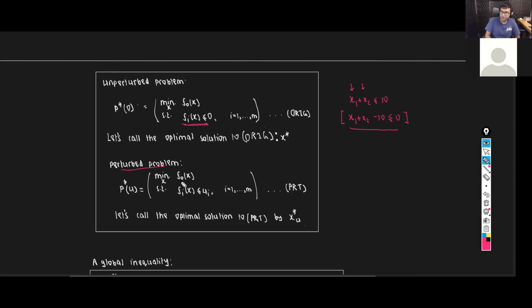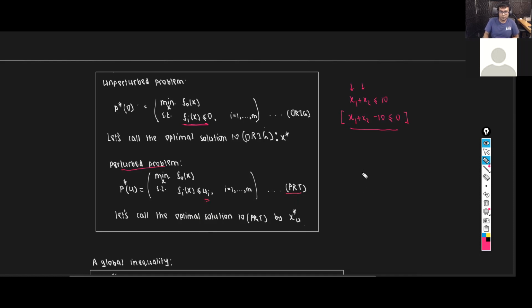We try to minimize the same objective f naught of x subject to fi of x, but now it's not less than or equal to 0. It has been perturbed by some amount ui. We denote the optimal solution of this perturbed problem by x star of u, the optimal solution corresponding to the perturbation vector u.